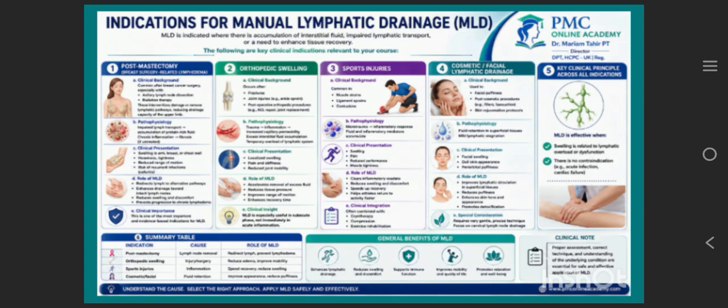So you should know the most important key point: MLD is not just for lymphedema. It is a versatile tool used across rehabilitation, sports and aesthetics.